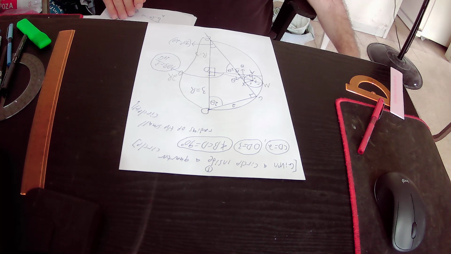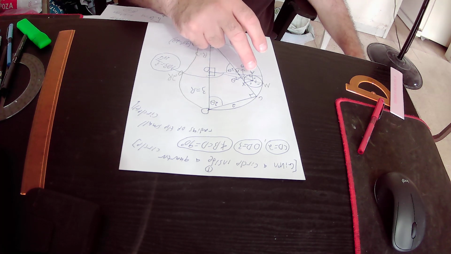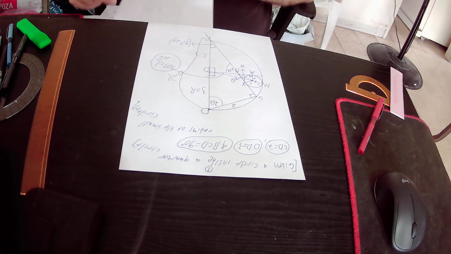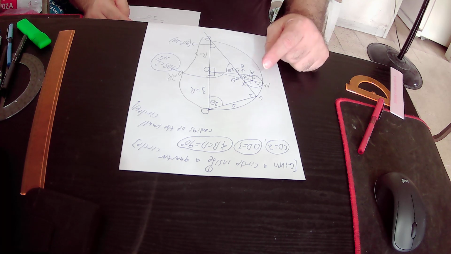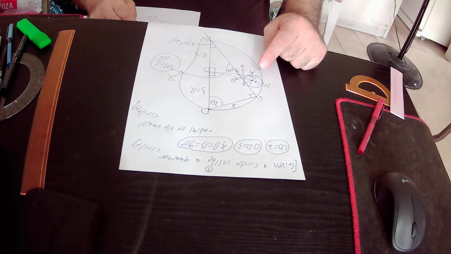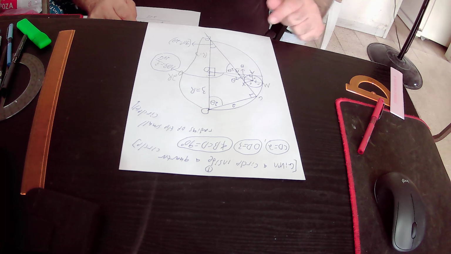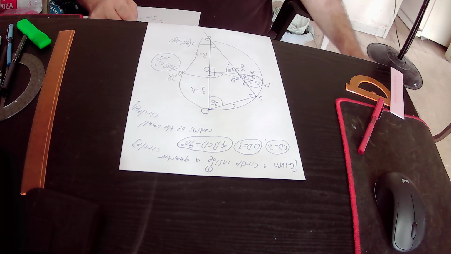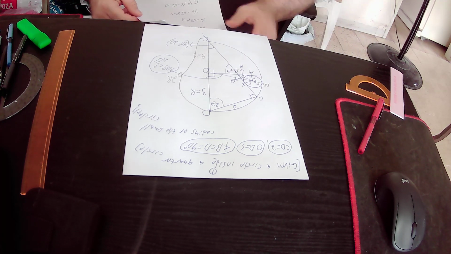So, first of all, we defined the center of the small circle as point P, and then we join together points A and P by a straight line, and we join together points P and X by a straight line, so AP and PX are the radiuses of the small circle.